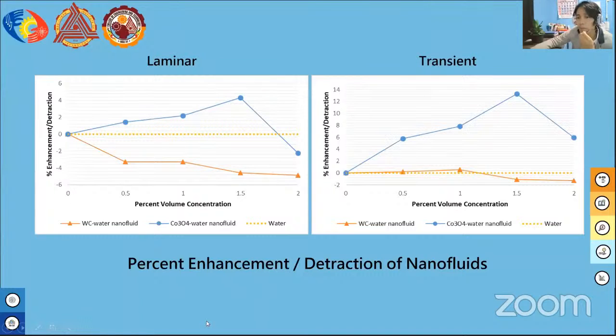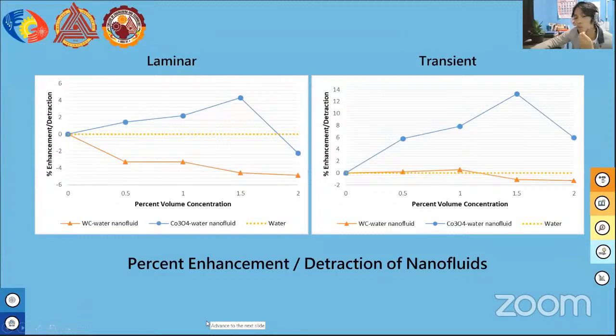Cobalt oxide nanofluid had better results at laminar conditions, recording an enhancement of a high of 4.3% at 1.5% volume concentration. Then at 2% volume concentration, the heat transfer efficiency recorded a reduction of 2.23%. For nanofluids at transient regimes, tungsten carbide nanofluids still have not exhibited any significant improvement in heat transfer efficiency.